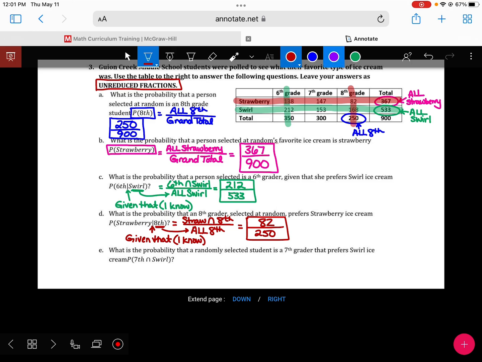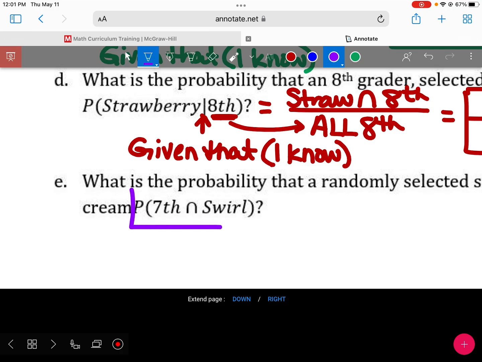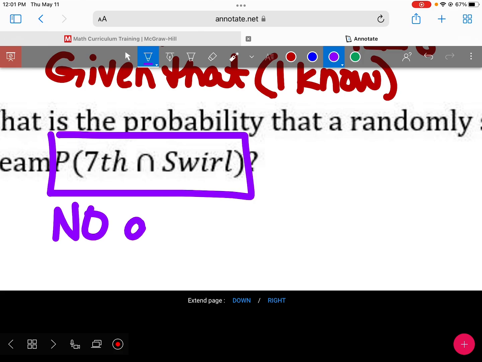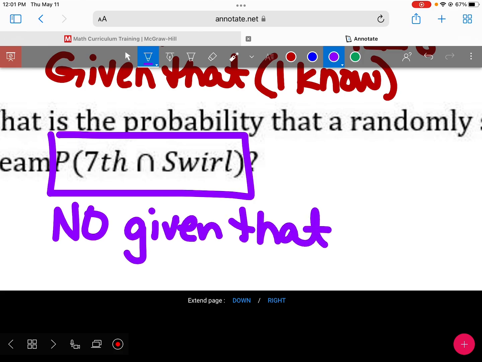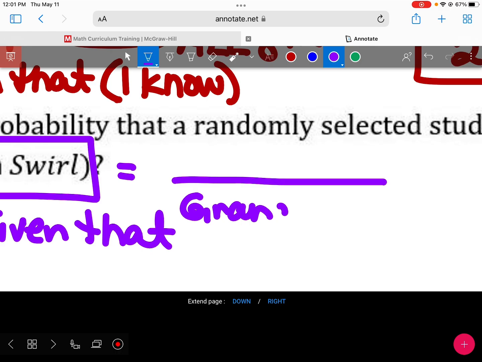Last one. Do we have a given that on this one? No given that here. So what's my denominator going to be if I don't have a given that? Grand total, yes.